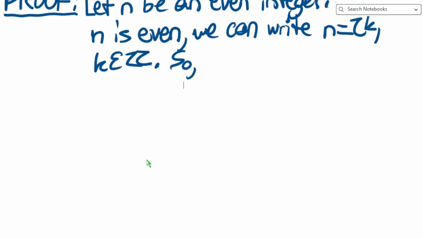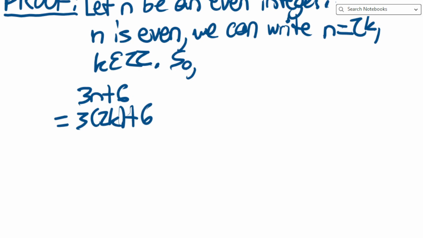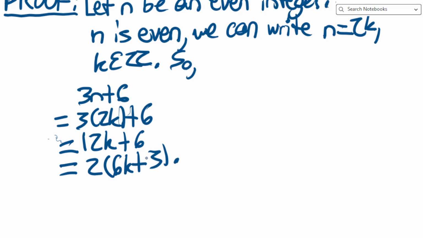So 3n plus 6 equals 6k plus 6, which equals 12k plus 6, which equals 2 times (6k plus 3).